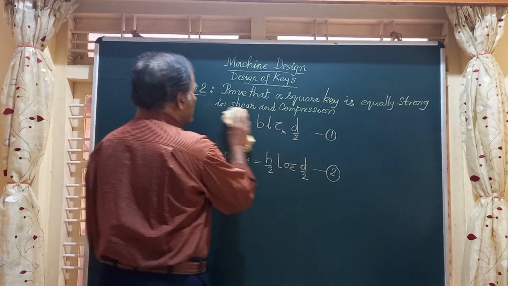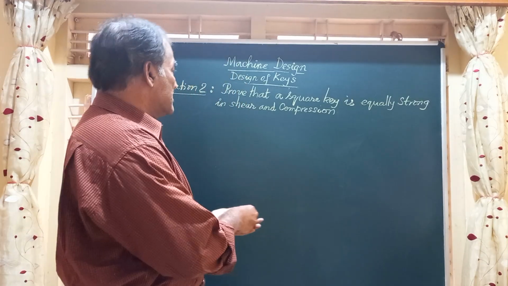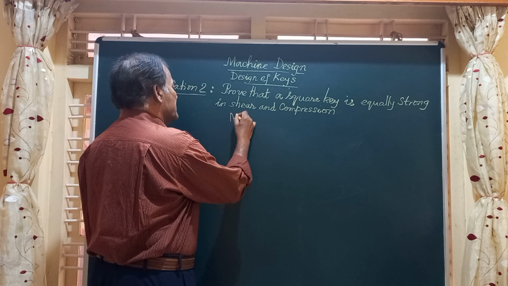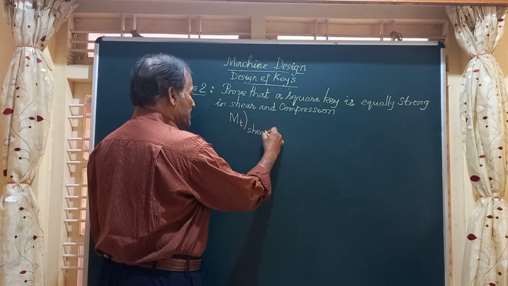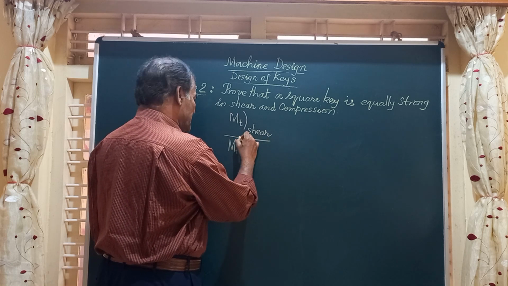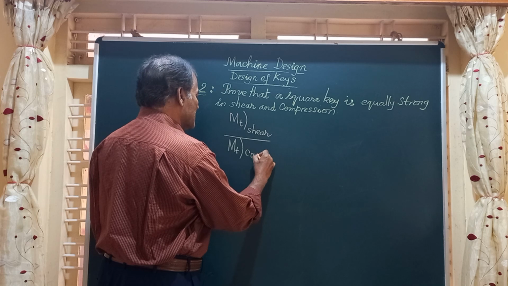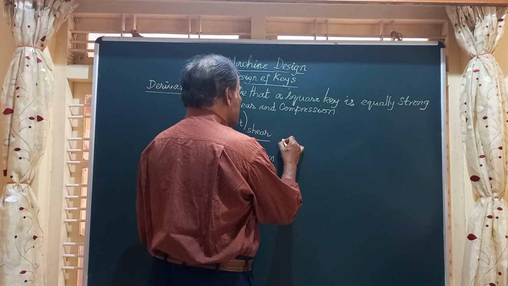So now I will find the ratio of the torque transmitted in shear and that in compression. That is, T_key in shear divided by T_key in compression or crushing. We know the expressions, so we will divide one by the other.